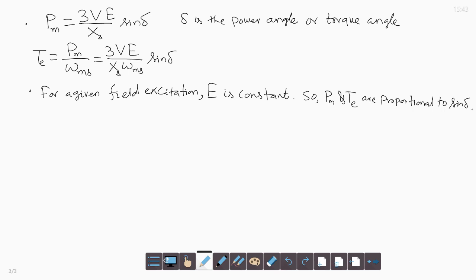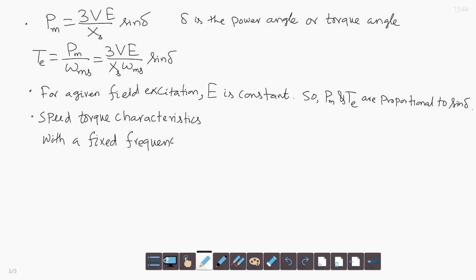So, if we draw the speed torque characteristics with a fixed frequency supply, it is like this.